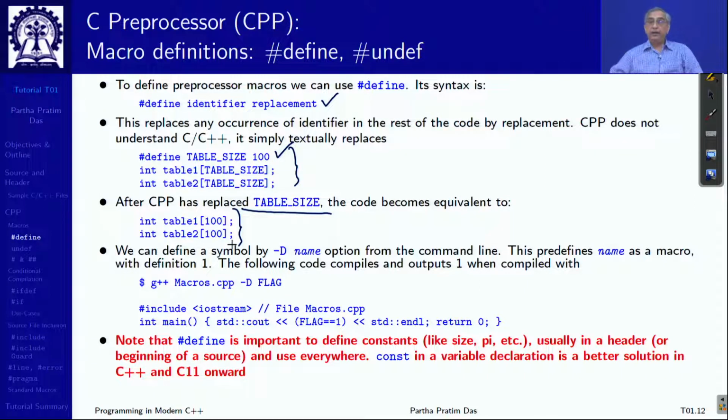So, you can define a symbol not only within the source, but you can define it also at the compilation line. So, if you say macro.cpp minus D flag, then flag will be taken by CPP to have been defined, right. So, if you have a check here for flag is 1, once it is defined, it will be taken as 1.